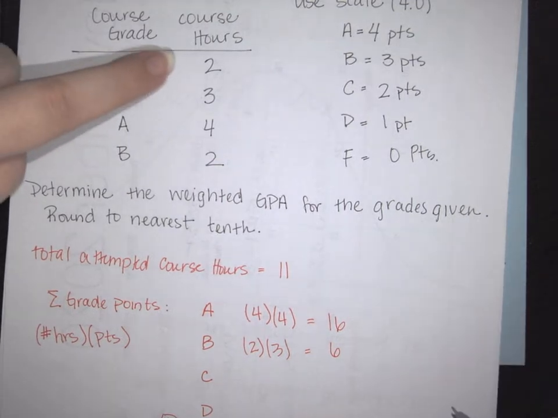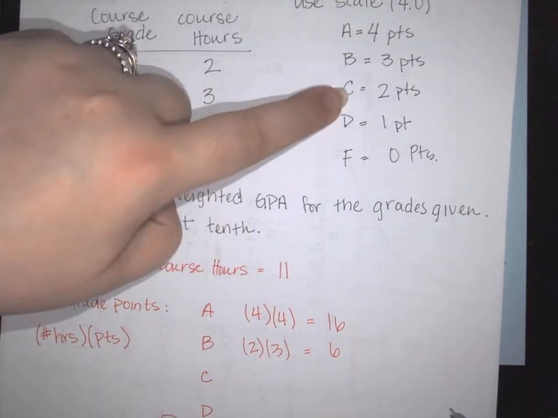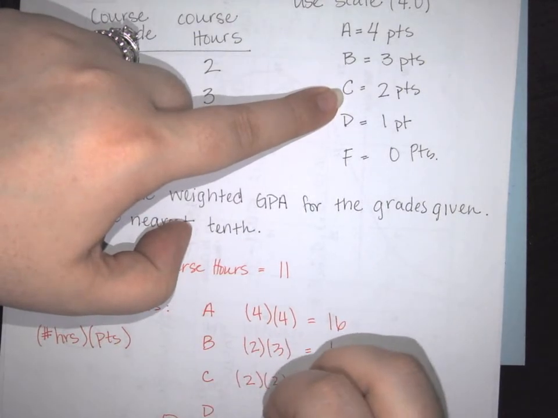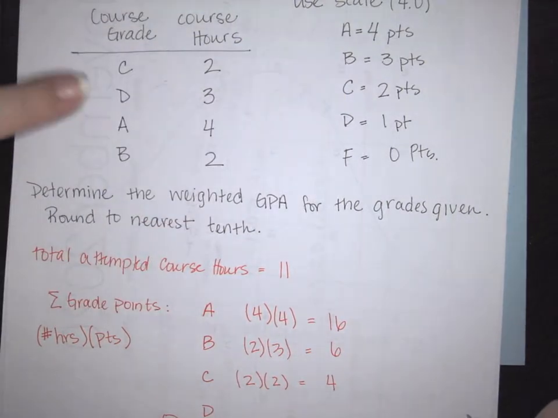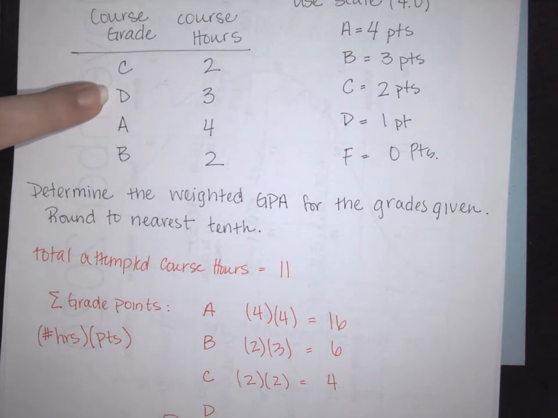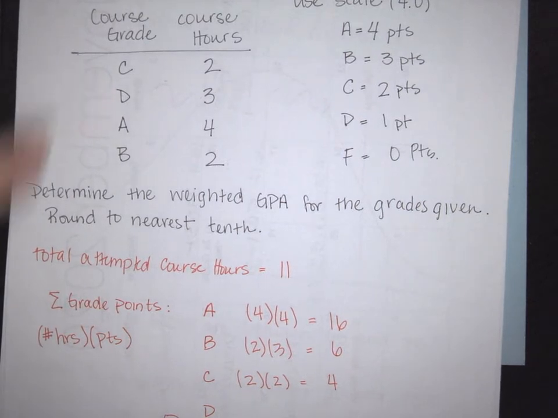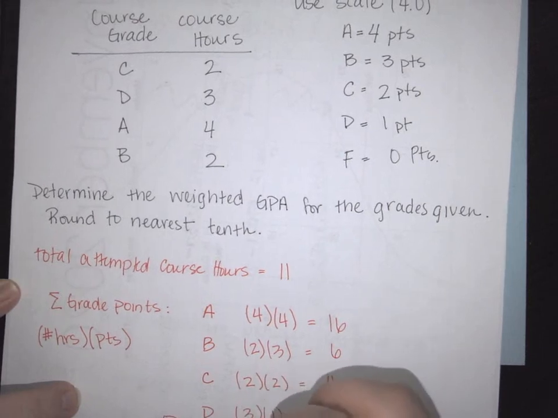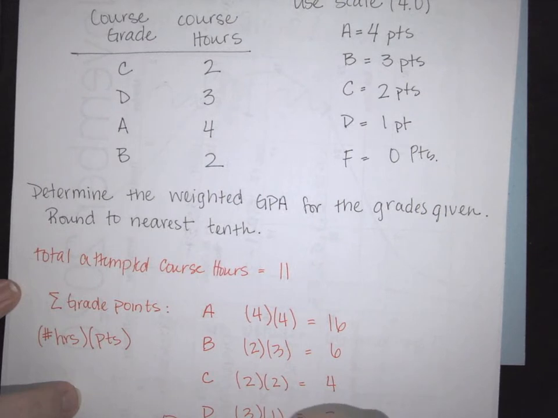For C's, I had 2 hours and I earned 2 points, so 2 attempted hours times 2 points gives me 4. For D's, I had 3 attempted hours at 1 point each, so 3 hours at 1 point gives me 3. And F's, I had no F's and you earn 0 points, so that's 0.